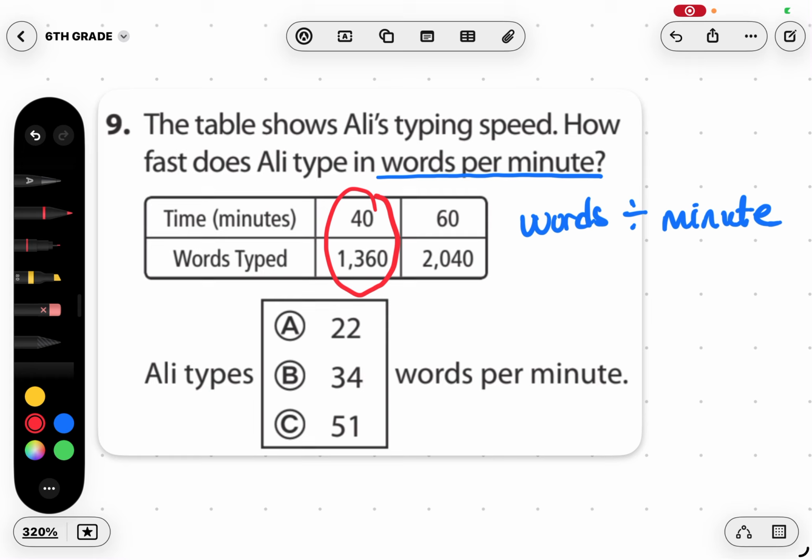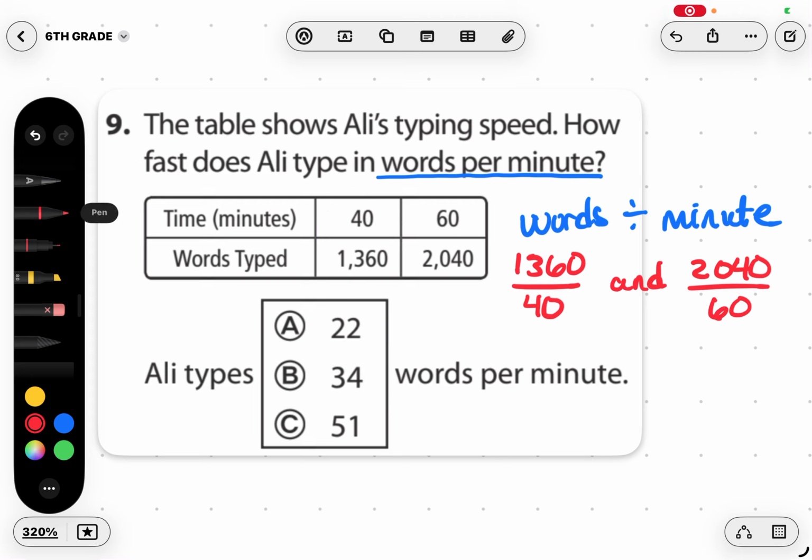Here's the first one. So words would be 1,360 divided by 40. And we also have to take a look at 2,040 divided by 60. Since they're both in the same table, when we divide them, they should equal the same rate.